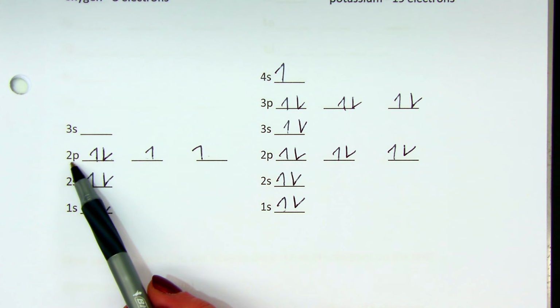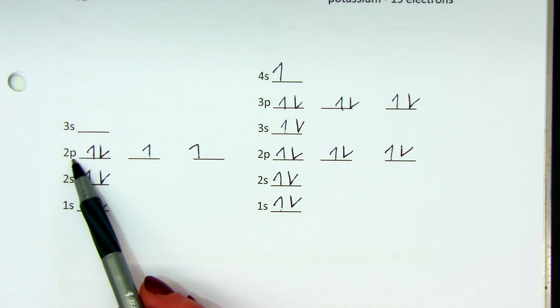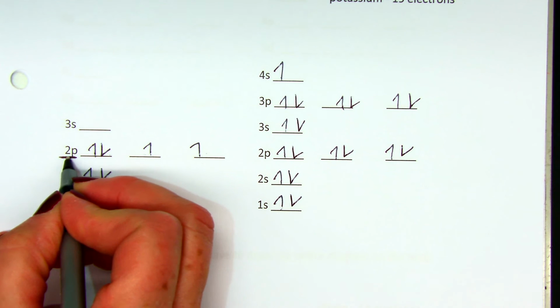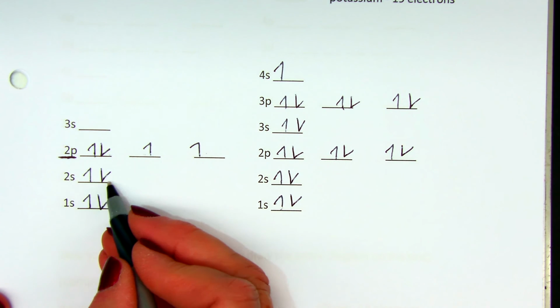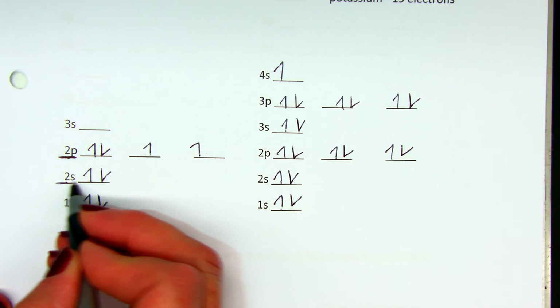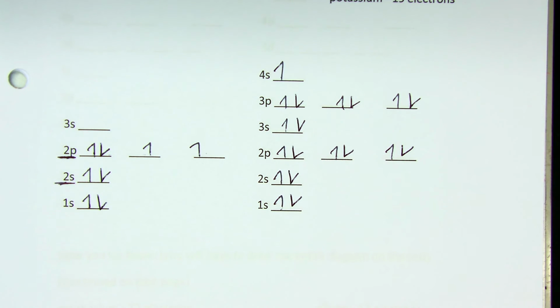What is N? What is N for these 4? 2. What is N for these 2 electrons? 2. How many valence electrons have an N value of 2? 6. So there are 6 valence electrons.